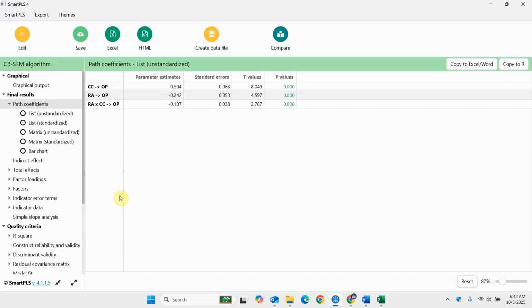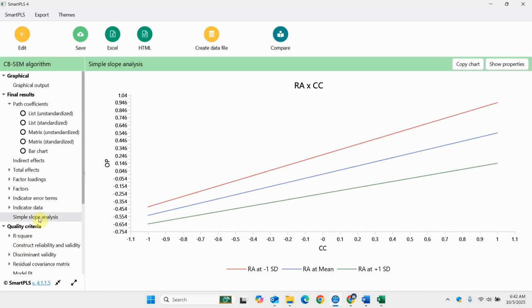Now, after finding out that the interaction effect is significant, that is the moderator is significantly moderating the relationship, we have to look into the slope analysis. If you look here, we've got three lines: role ambiguity at -1 standard deviation, role ambiguity at mean, and role ambiguity at +1 standard deviation.